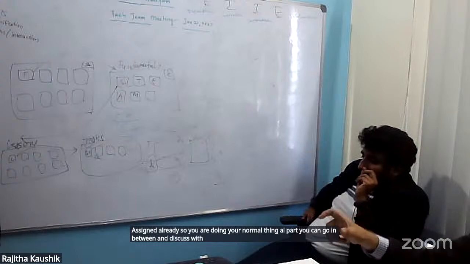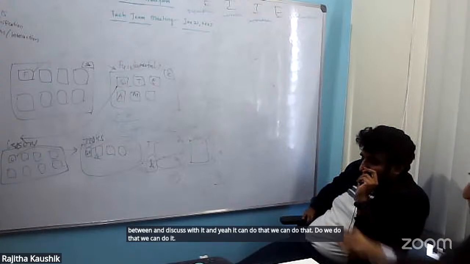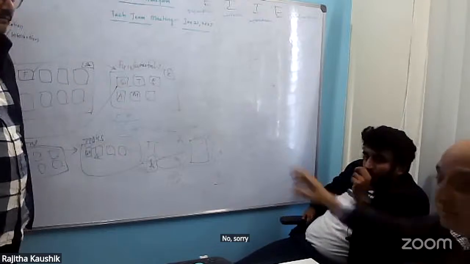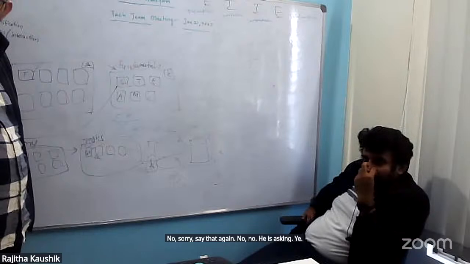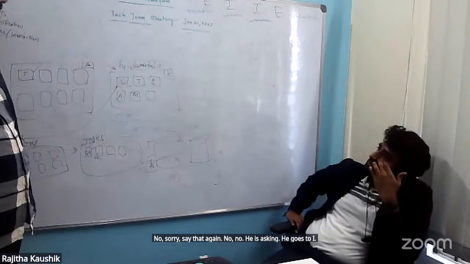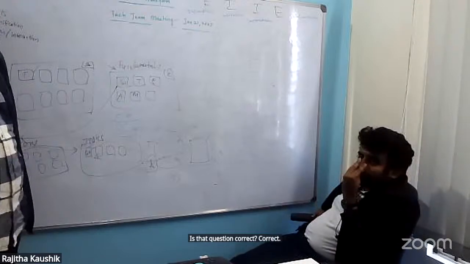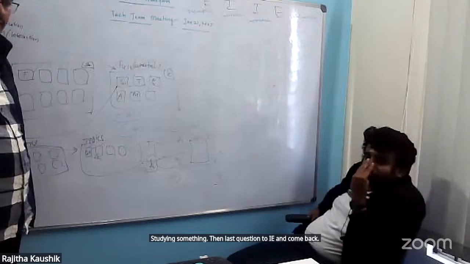We can do that. He is asking, does he complete the exercise and then go to the AI, or in between does he go to the AI? See, he is studying something, then asks the last question to the AI and comes back, or he completes it and goes to the AI.